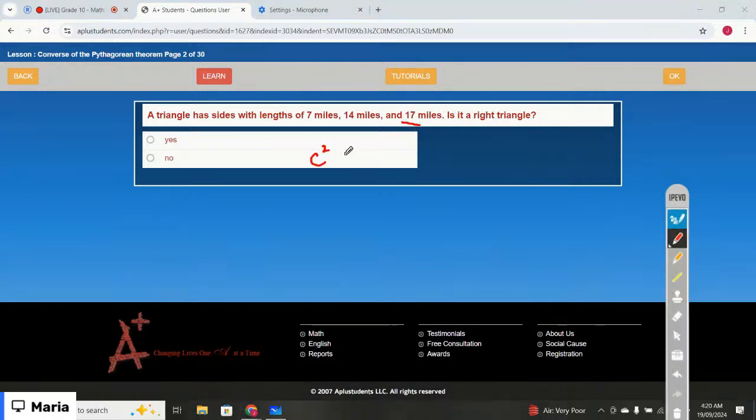That is C, right? 17 square equals 14 square plus 7 square. 17 square is 289. 14 square is 196 plus 49, right?